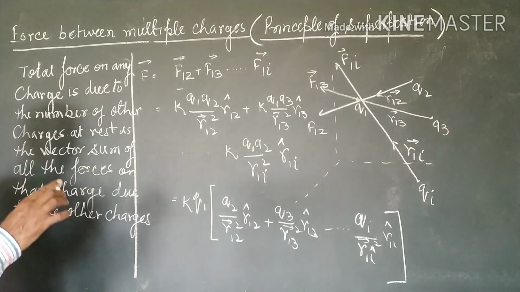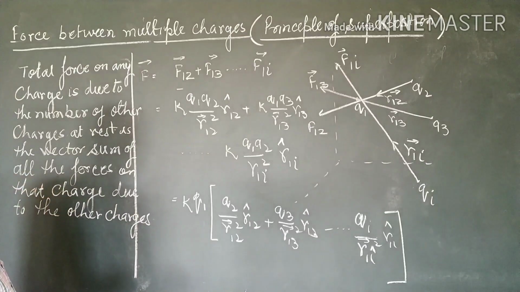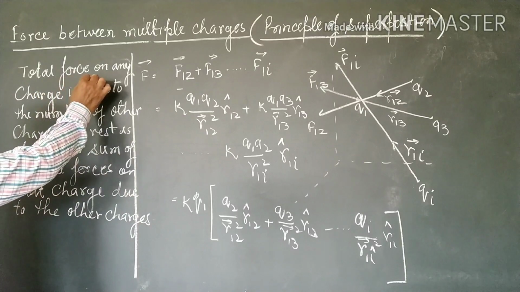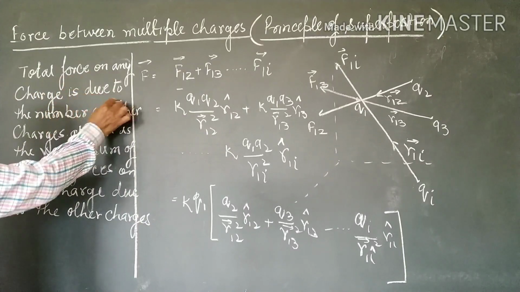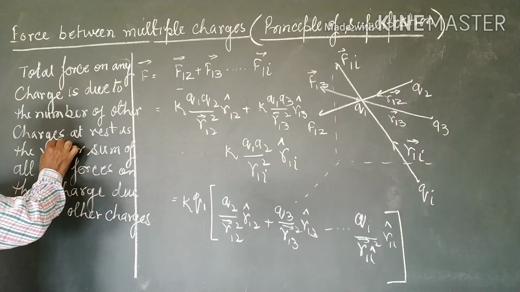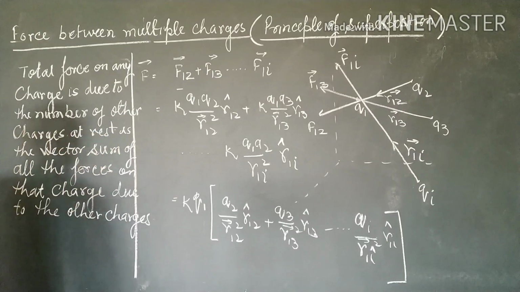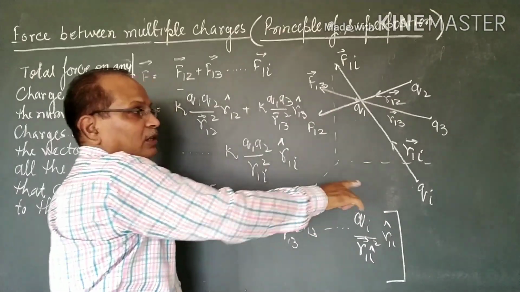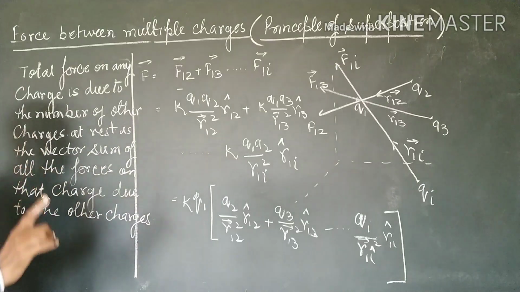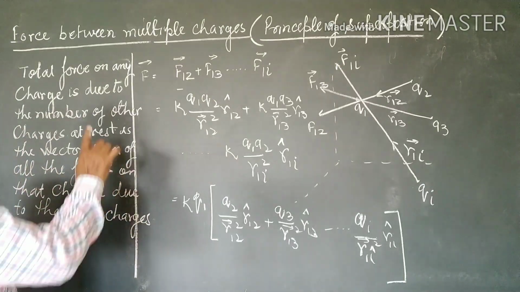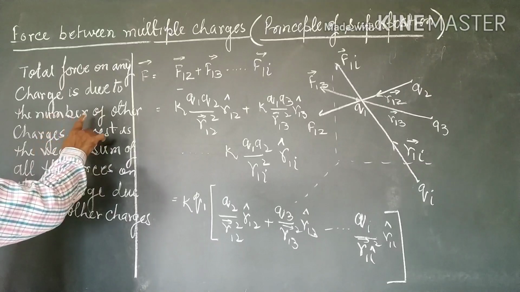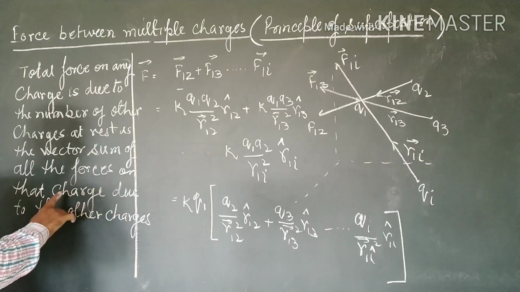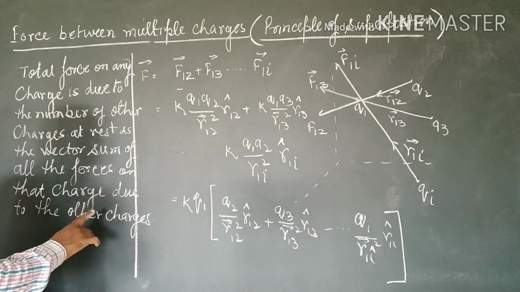Now, finally, for the definition of the principle of superposition: the total force on any charge due to the number of other charges, and the condition is that all the charges must be at rest, is the vector sum of all the forces on that charge due to the other charges.